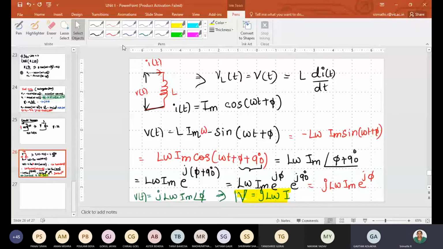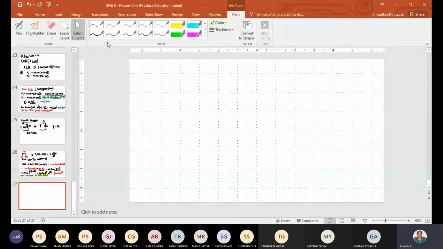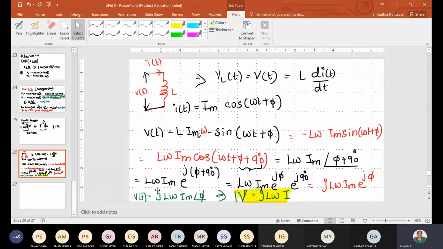So when I'm drawing the phasor diagram, what is given? Your V of t is Im angle phi. Which is leading, which is lagging? Either V will be leading or I will be leading in your L. From the expressions, what do you understand?